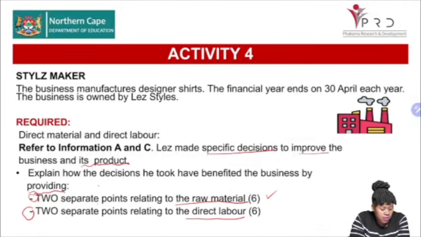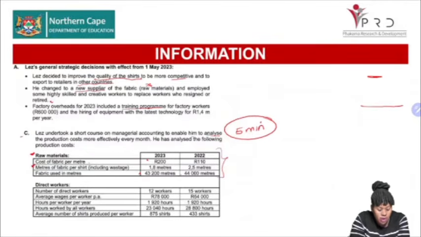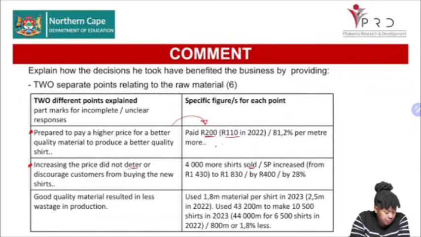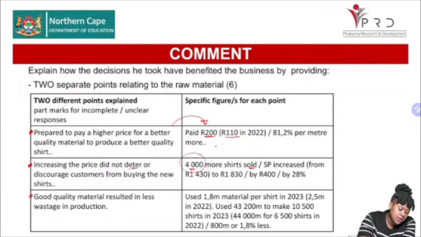That is actually in the previous information, but you have the information in front of you, so you will see that the price increase did not really change the number of shirts bought. In fact, we sold 4,000 more, as we've already highlighted in the previous activities.